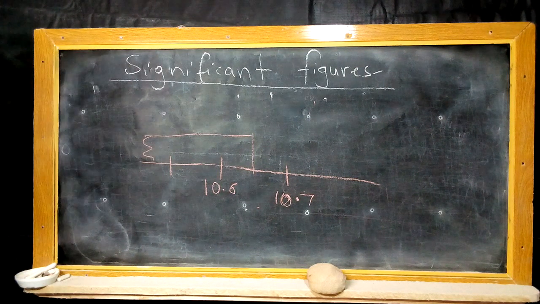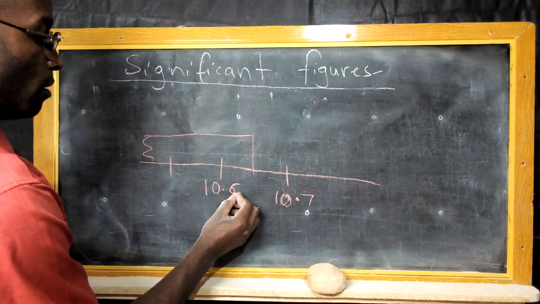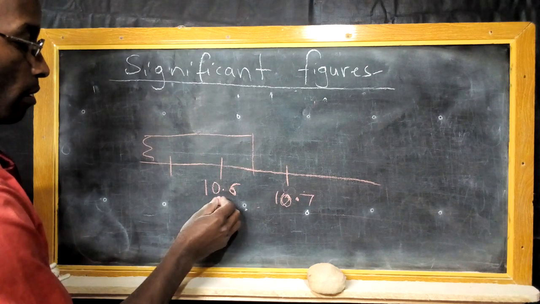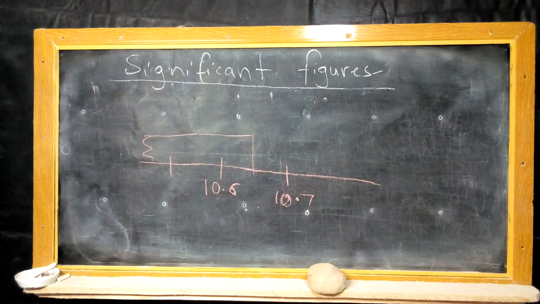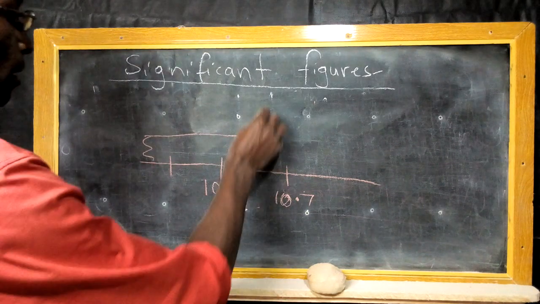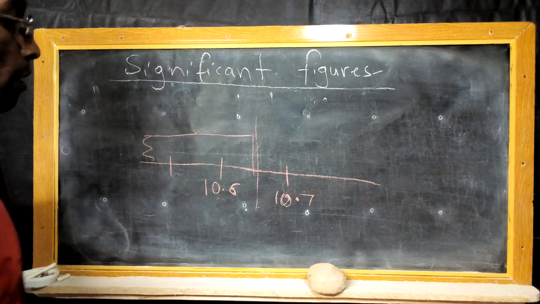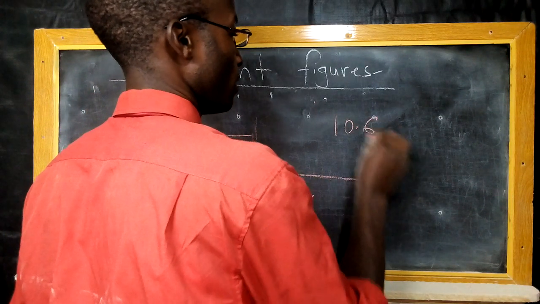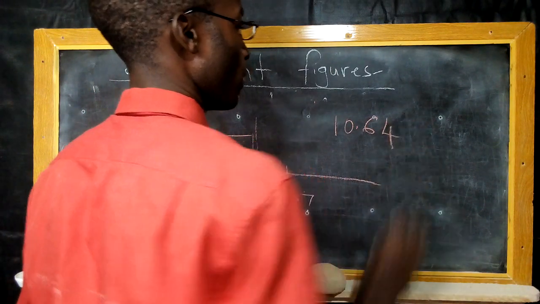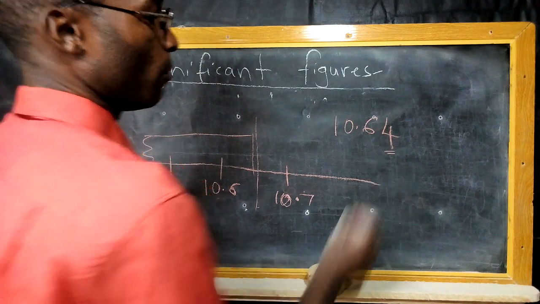Now, as we can see, there is a 0 between the 3 digits. So in this case, we are going to say that this 0 is significant. So these are already 1, 2, 3 figures that bear significance. So in this case, when we include the uncertainty, we can say if the halfway mark is around that place, then we can say that this is around 10.64, but we are not certain of the fourth figure there.